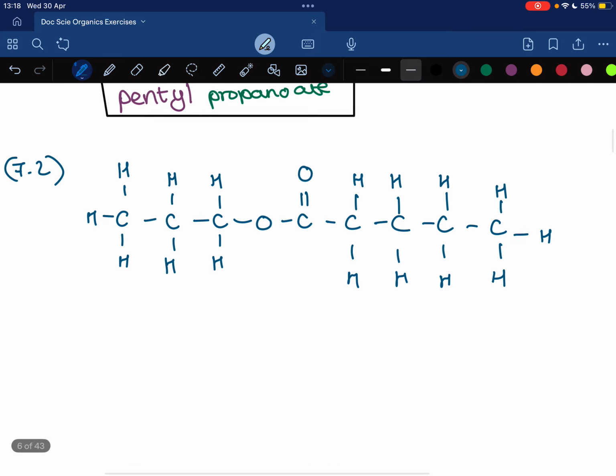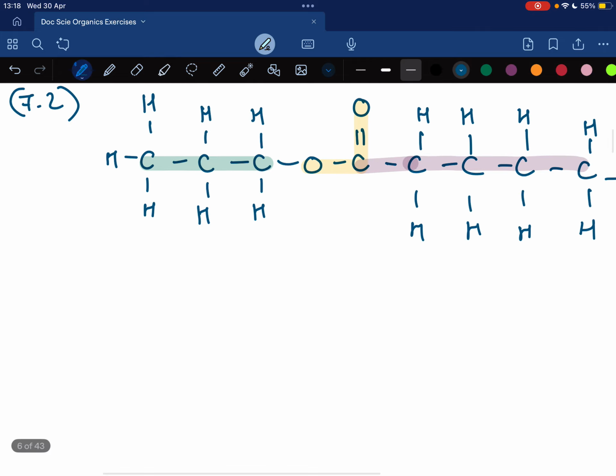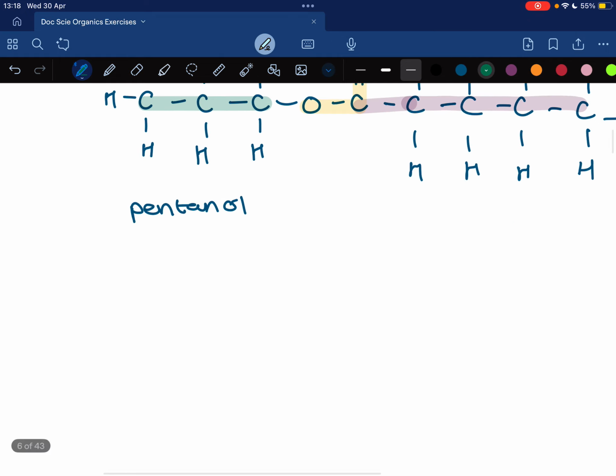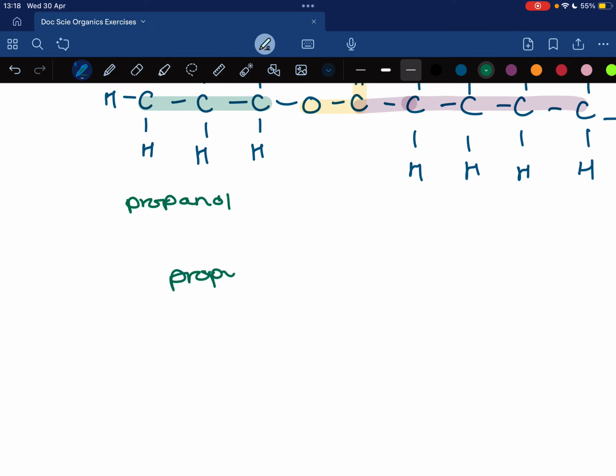Then I'm going to name this. Again, I can see that it's an ester. We have the alcohol and we have the carboxylic acid. We have 1, 2, 3 for the alcohol, so that's going to be propanol, which will change to propyl.